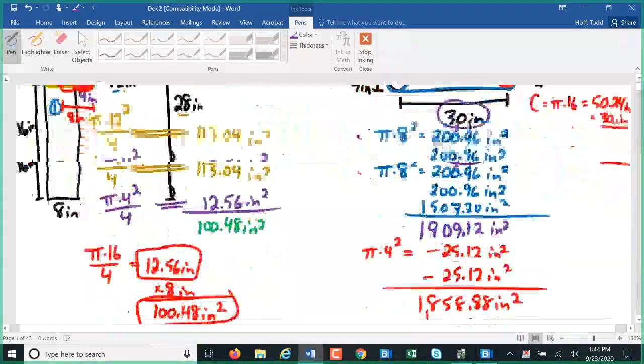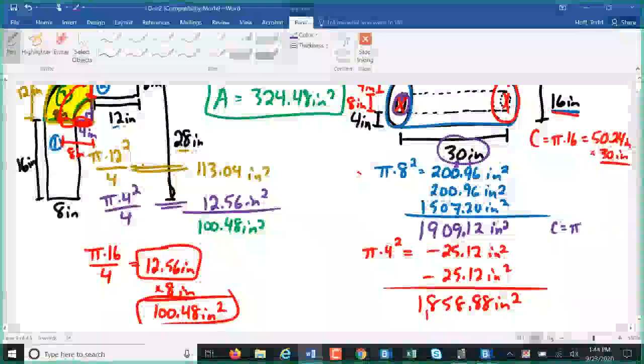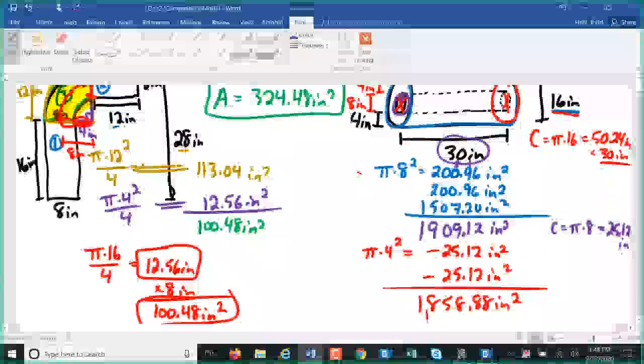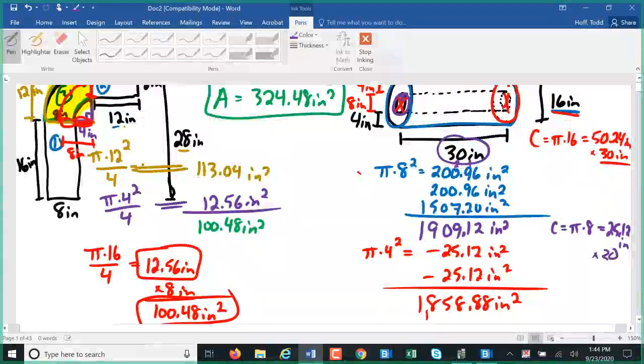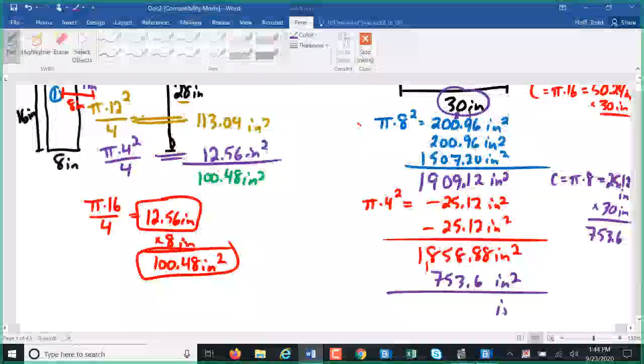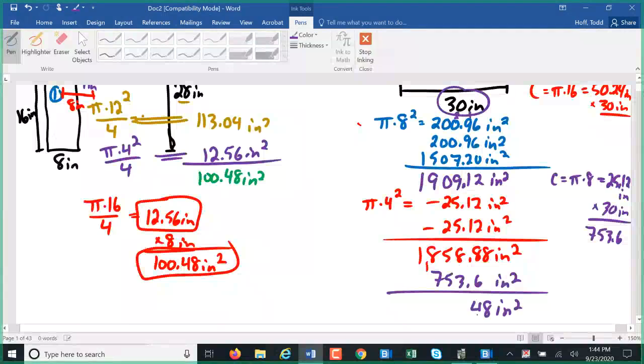So that circumference would be pi times 8, or 25.12 inches, times that 30 inches of length. So that's going to be what, 753.6 square inches, which adds up to be 2,612.48 square inches of surface area.